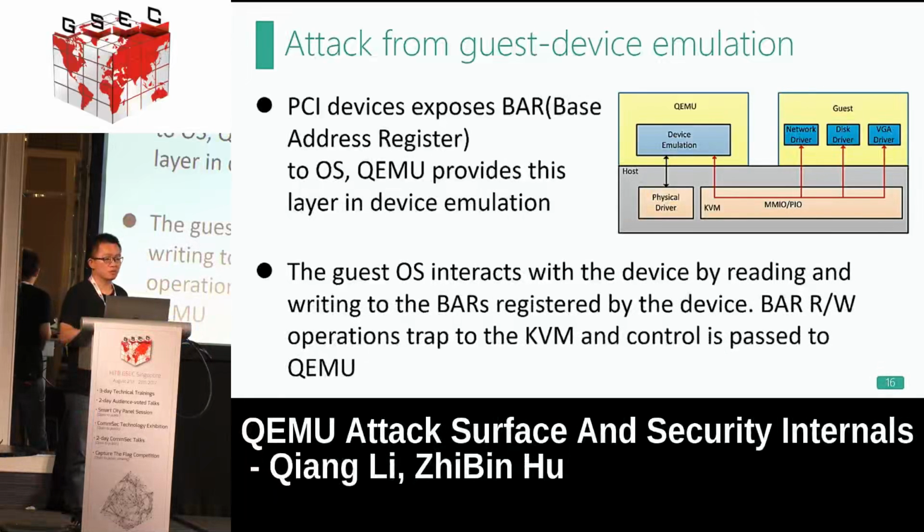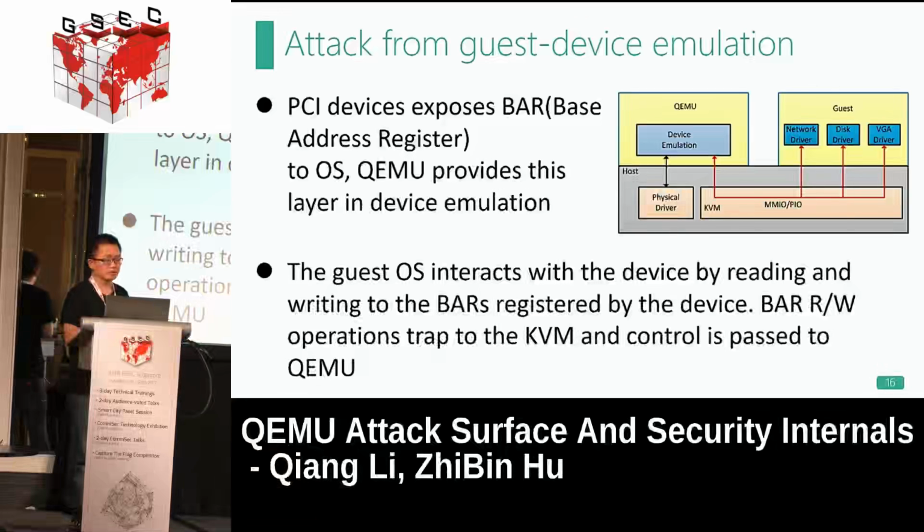So QEMU should provide this layer in device simulation, and the most important thing is to register callbacks for this BAR. So when the guest reads or writes the registers, it can do something and complete the simulation. So the guest can have the function of this device.